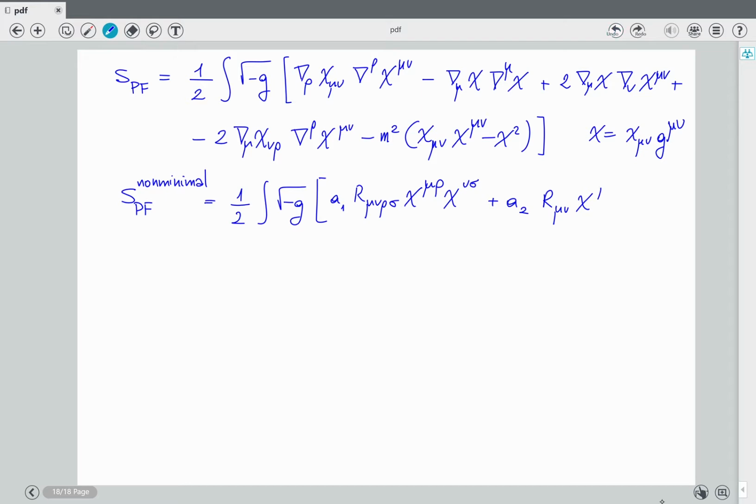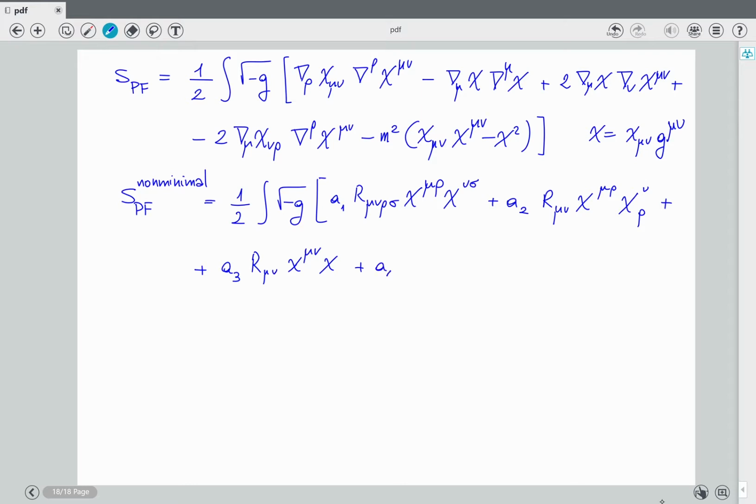Actually, there are two non-minimal terms with Ricci. The first one is this chi mu rho nu, and there is a second one, a3, R mu nu, chi mu nu, chi.